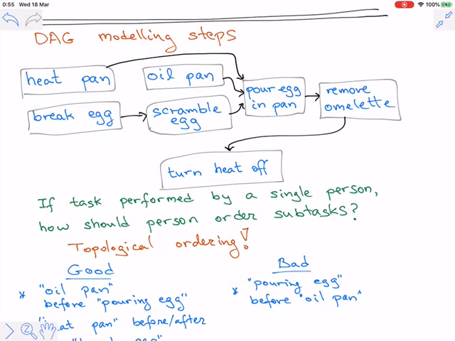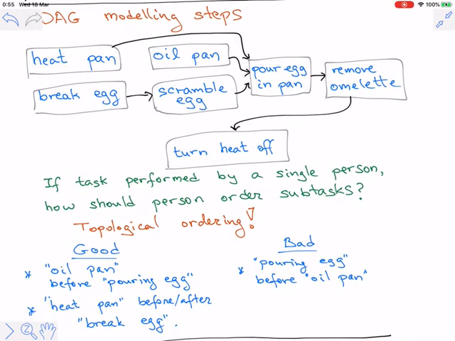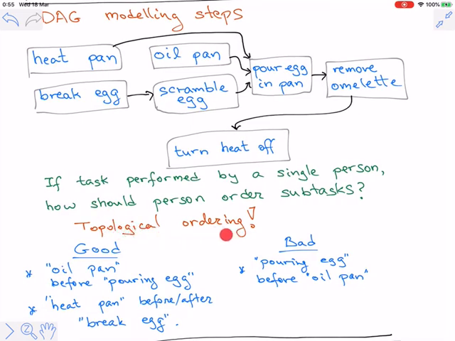Okay? So, suppose that a single person now wants to prepare an omelette. So a single person can do only one subtask at a time. How should this person order these subtasks in order to prepare the omelette? Well, what that person needs to do is order the subtasks in topological ordering.